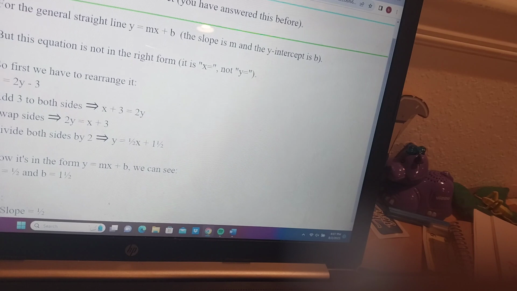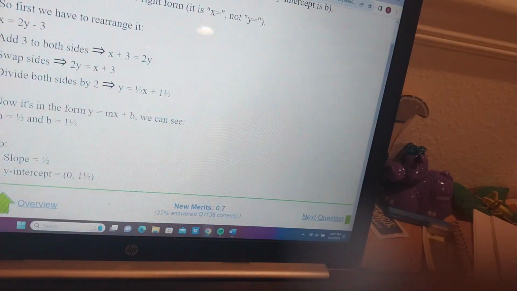In order to keep everything balanced, we have to divide by 2 over here as well. So now we have x divided by 2 and 3 divided by 2, which is y is equal to half x plus 1.5, or 3 over 2.